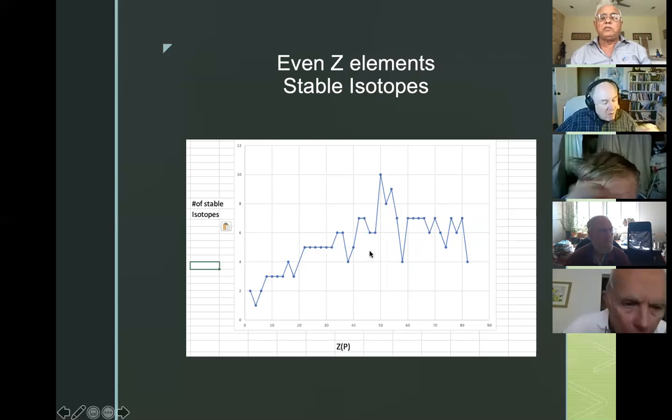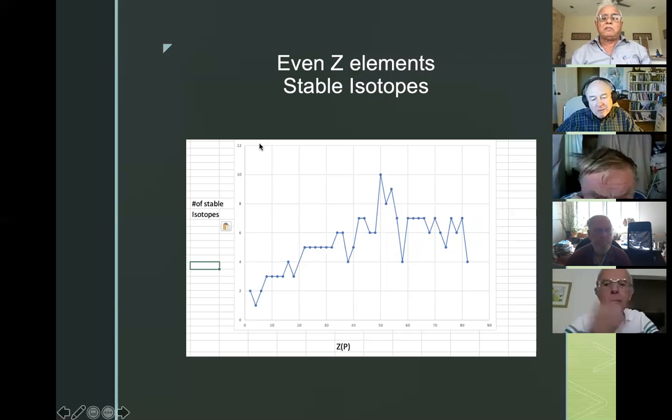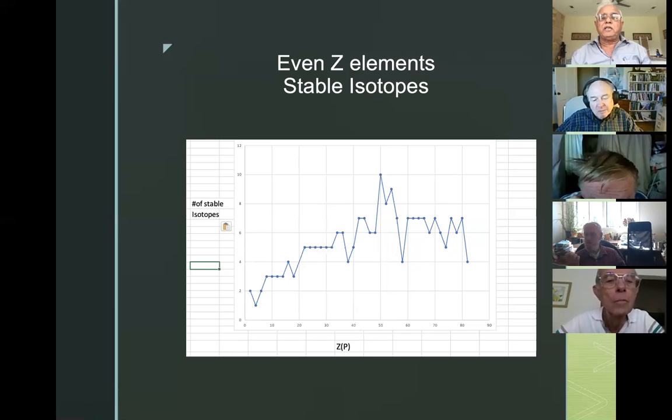And now also you can see in this particular plot that the normal wisdom is that if it has 10 stable isotopes at 50, then it should keep going with higher elements, but that is not happening. You can see that all of them are going down.